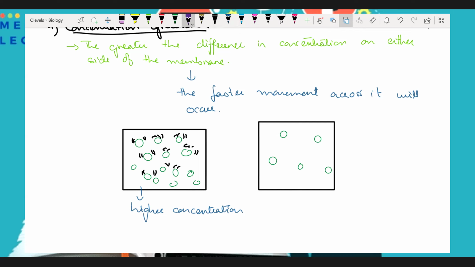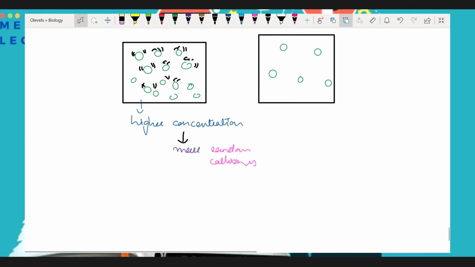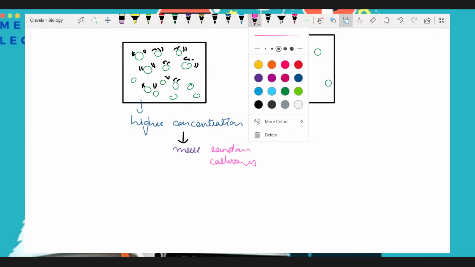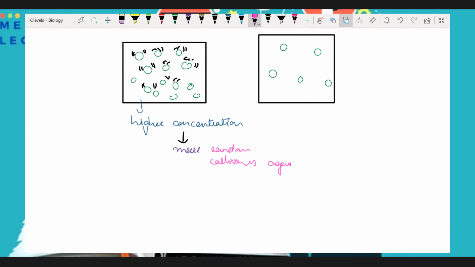You can say it has more random collisions against the membrane, right?